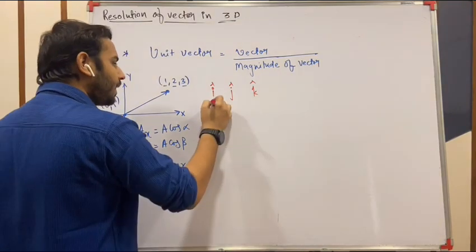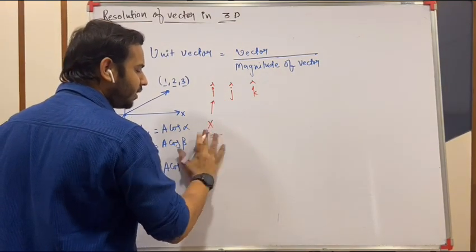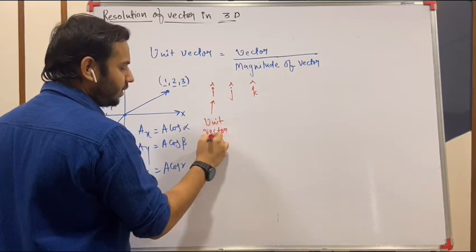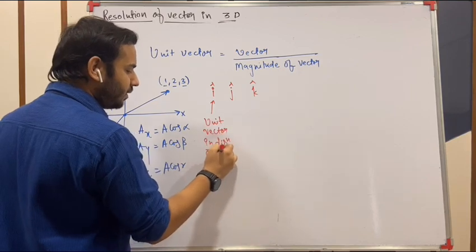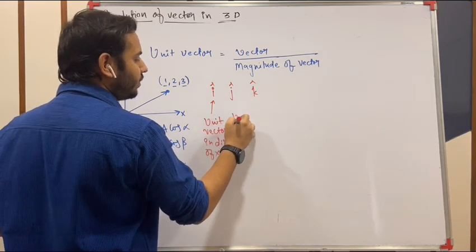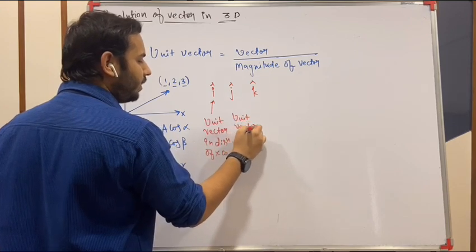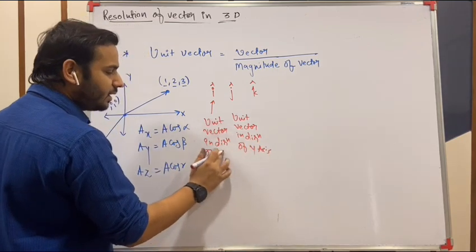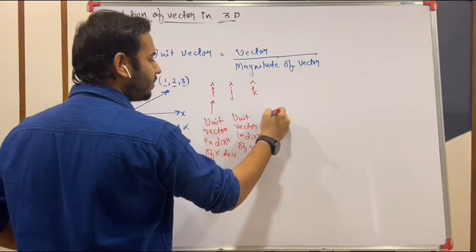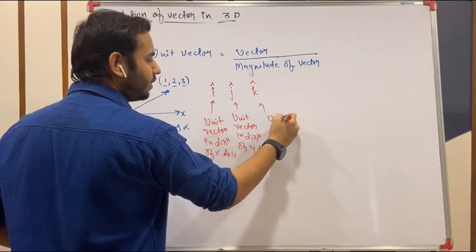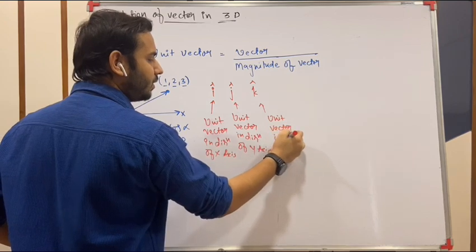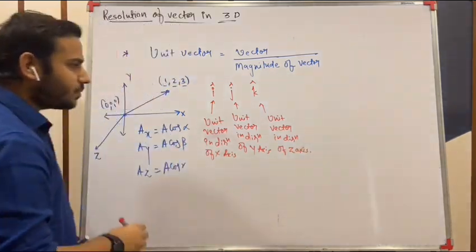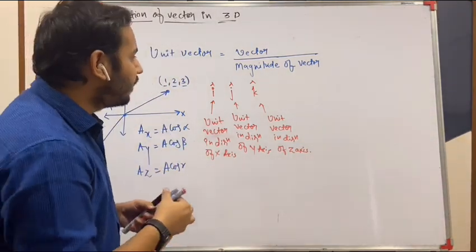What is that? i cap is the unit vector in direction of x axis, j cap is the unit vector in direction of y axis, and k cap is the unit vector in direction of z axis. Okay, fine.